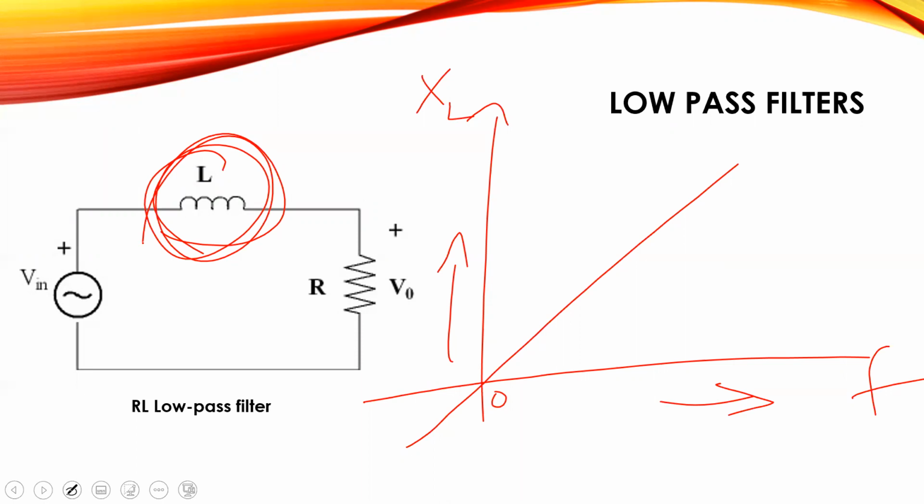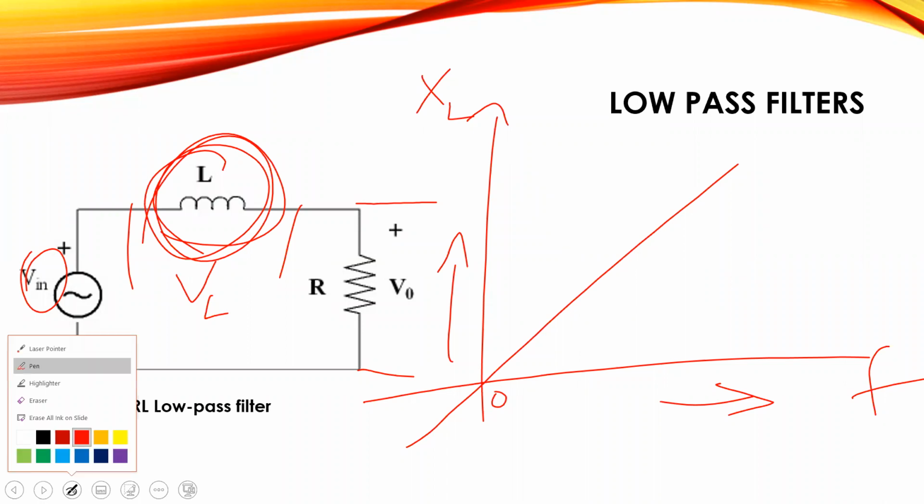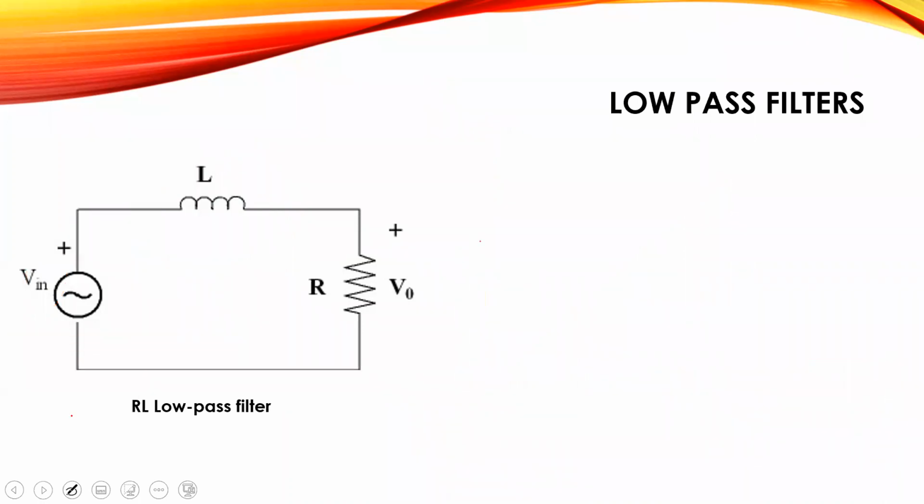What this is saying is that as the frequency increases, we'll see more of the input voltage across VL, or across L. So VL would increase, meaning more of the supply would be across L, and so the output V0 would get smaller. Which is why the output of this filter would look something like this.